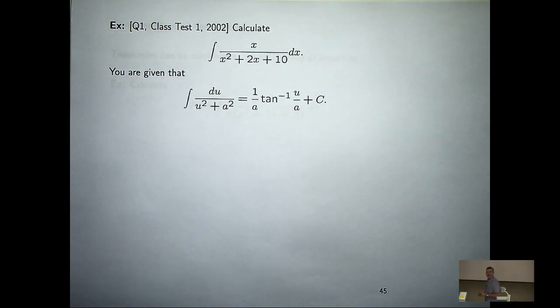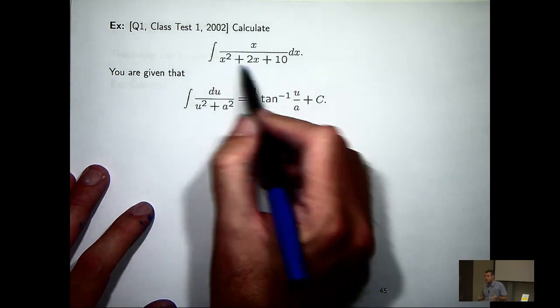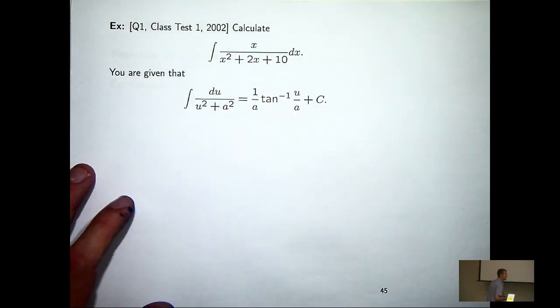All right, you're given an integral, and you're also given the integral of something involving 1 on u squared plus a squared, where a squared is a constant. Calculate the integral. So firstly realise that the denominator doesn't factor.